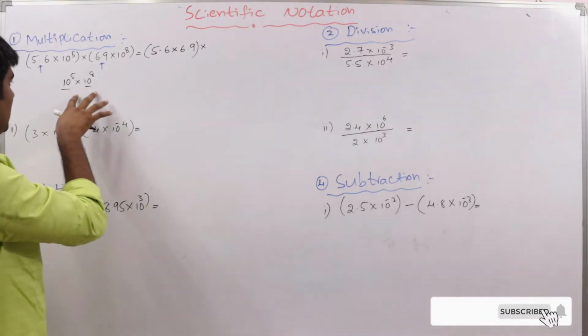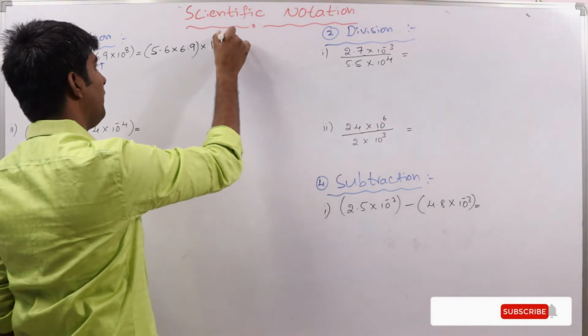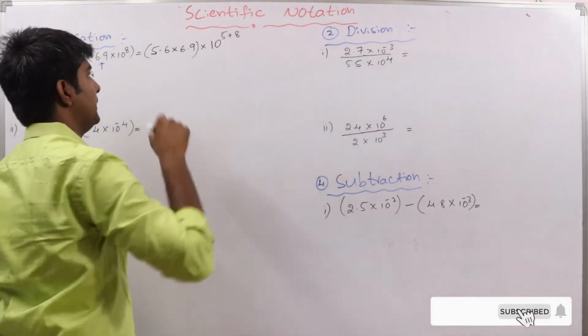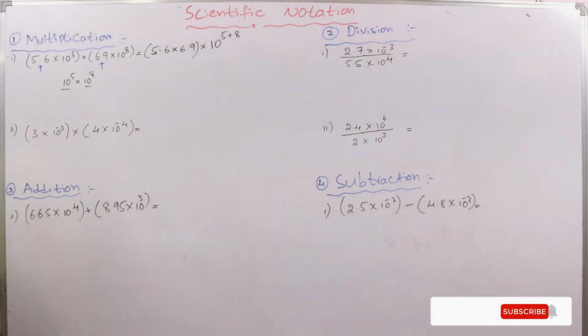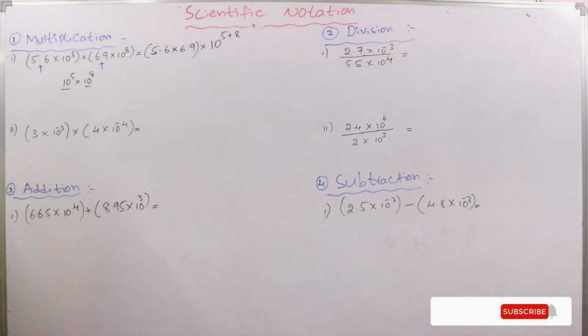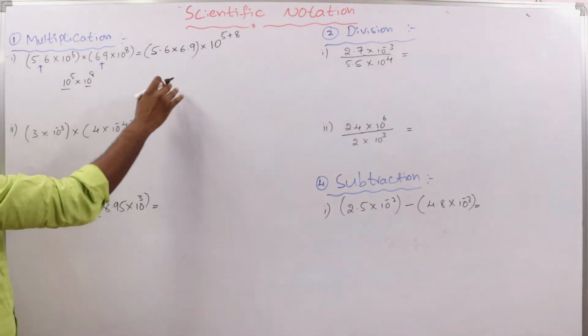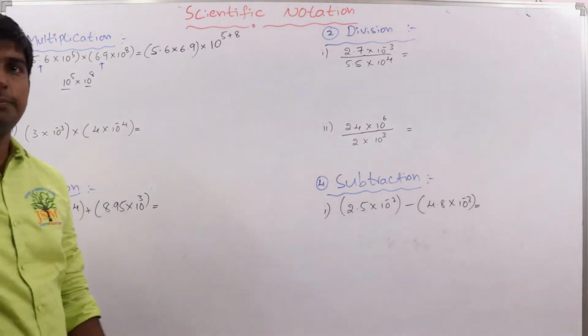When bases are the same, we can add the exponents. So we can write 10 power 5 plus 8. First we write these two numbers together, and then these two, and since the bases are the same, we add the exponents.